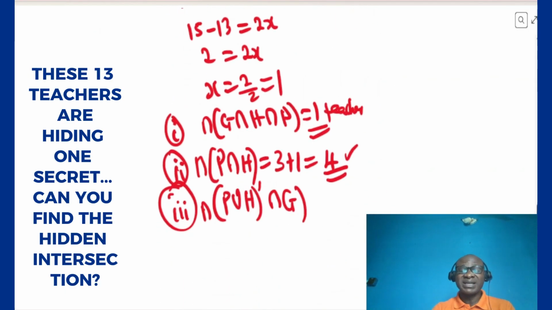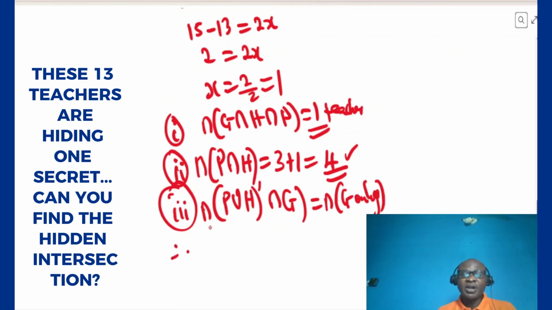What this thing means in actual sense is simply subtract those who do geography and history. Okay? And when you subtract them, what will be left are the number of those who teach only government. Therefore, this is now equal to saying the number of those who teach government only. That is the meaning, okay?